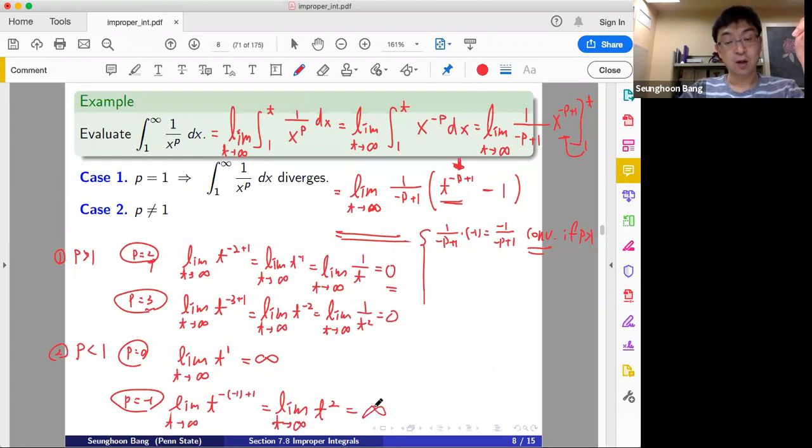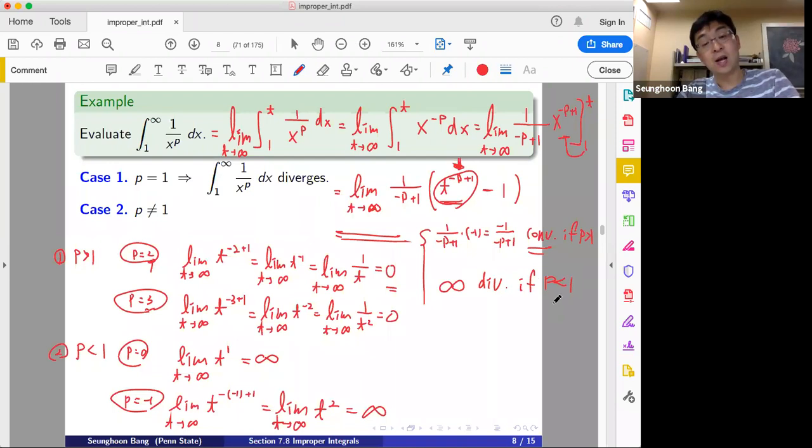Going to what? Infinity. Infinity minus 1 is infinity. Negative p plus 1 is a positive number, and a positive number times infinity is infinity. So it is divergent if p is less than 1.